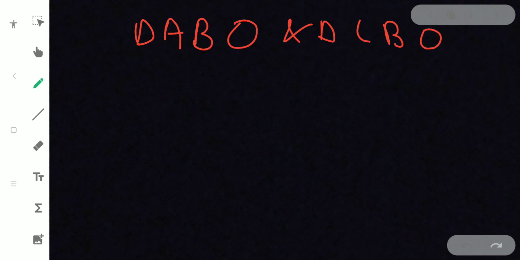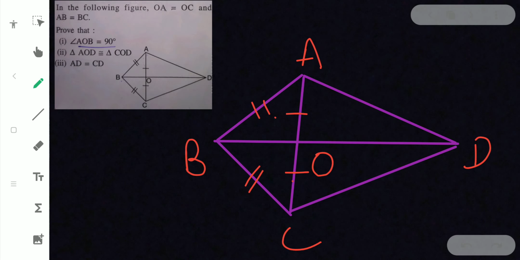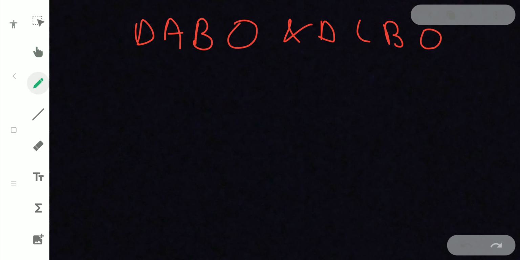Now here what congruent parts we can prove, let us see. I can write AB is equal to BC, AO is equal to OC and BO is equal to BO, as it is common for these two triangles. So now I have proved by SSS.